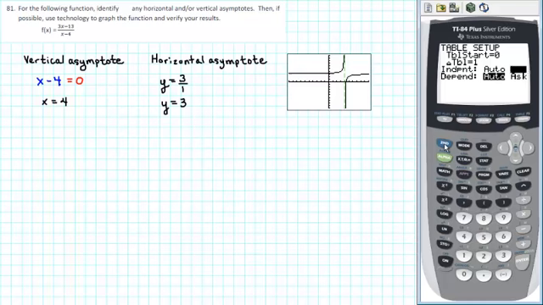We'll then go to Table, which is second graph, and we'll enter values of x that are approaching 4 from the left, values of x that are a little bit less than 4. So let me try 3.9, 3.99, and 3.999.